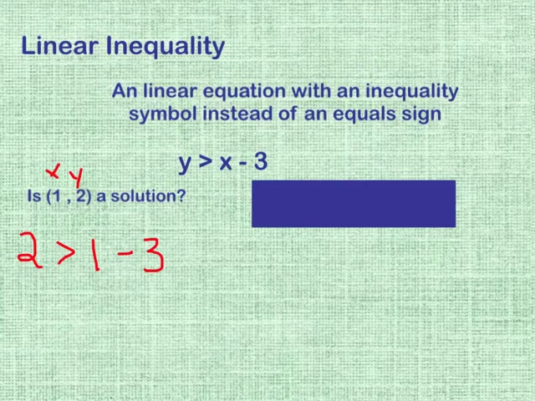Well, if we solve that out, is 2 greater than negative 2? Now remember, this is not an equation, so we're not saying is 2 equal to negative 2. We're saying is 2 a bigger number than negative 2? Well, one's positive, one's negative. Positive numbers are always bigger than negative numbers, so I'm going to say yes, it is a solution.